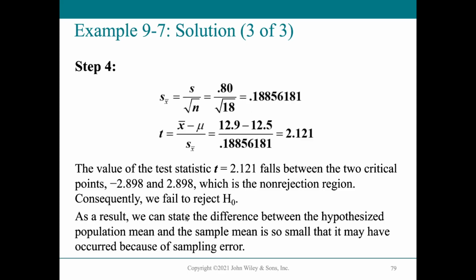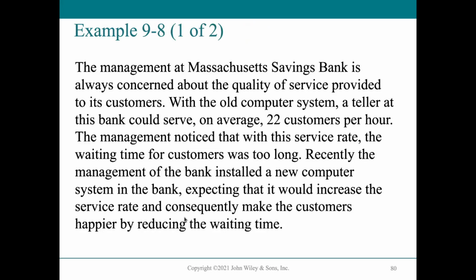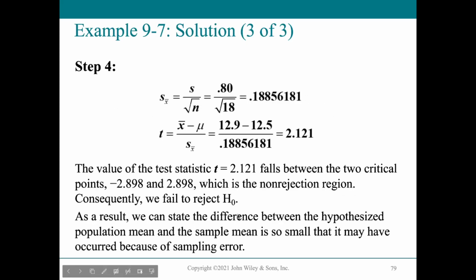Therefore, basically the 0.4 difference is insignificant, and we can still say that the population mean is still 12.5 months. So that's our hypothesis testing for the critical value approach.